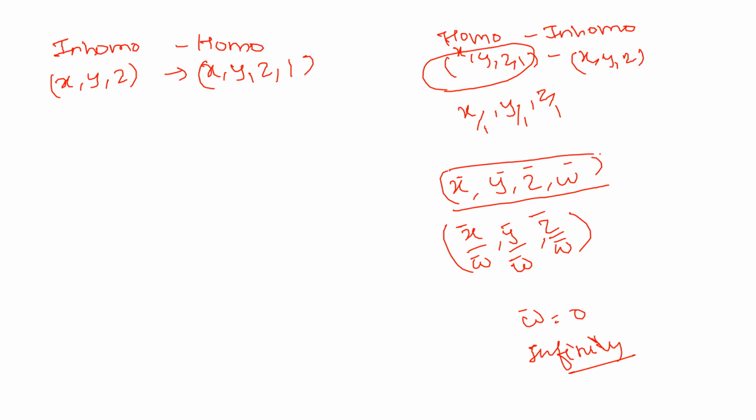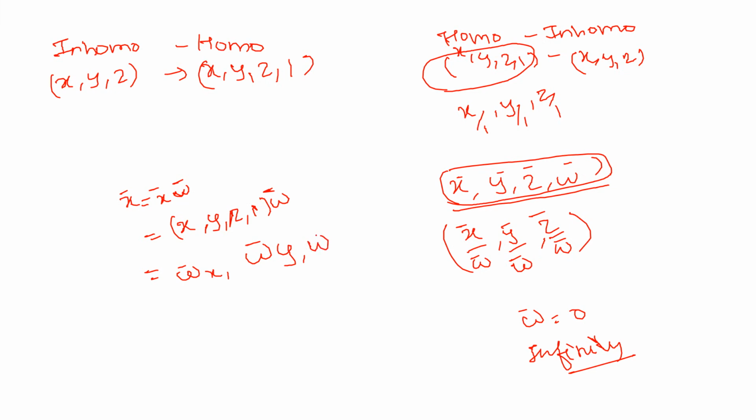So how are we equating this? The 3D point can be represented as x bar equal to x, y, z, 1 multiplied by w bar. So we write w bar into x, w bar into y, w bar into z, and w bar.